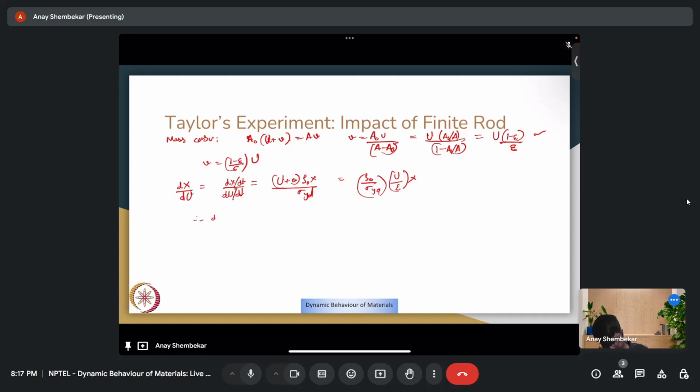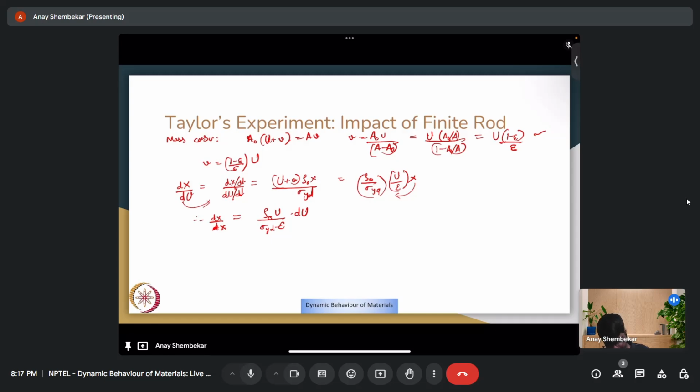So you have dx by x. Dx by x is rho naught u by sigma yd epsilon du. Taking this to the right hand side and this to the left hand side.